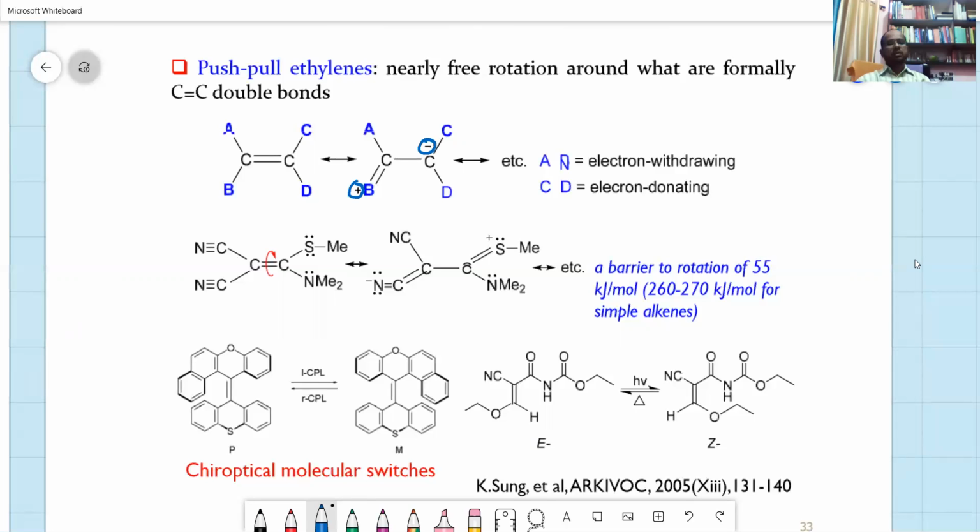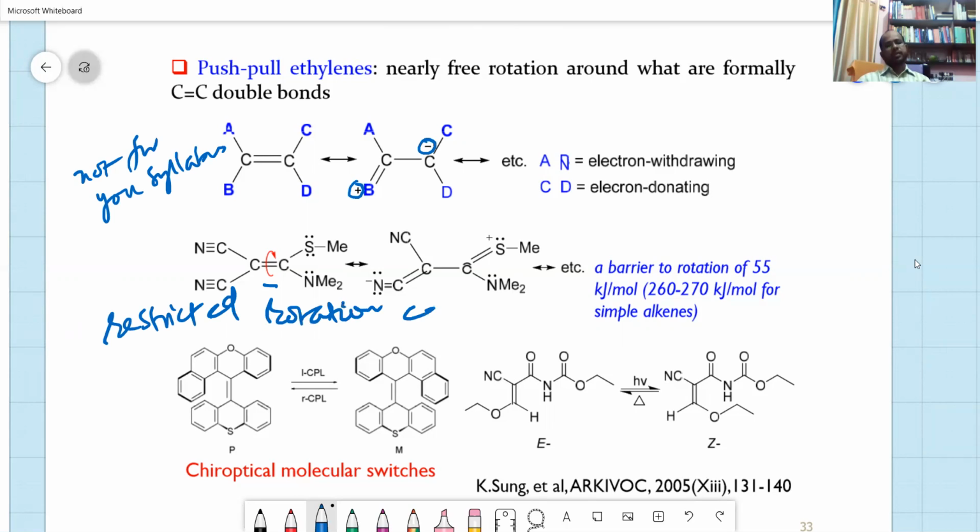This is not for your syllabus, but just going along and mentioning here, you can see some double bond example there. How restricted rotation can cause, always you have to write that restricted rotation can give rise to isomerism.